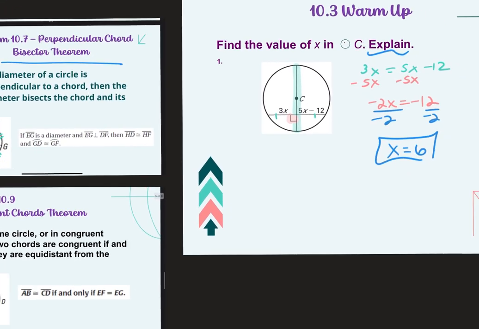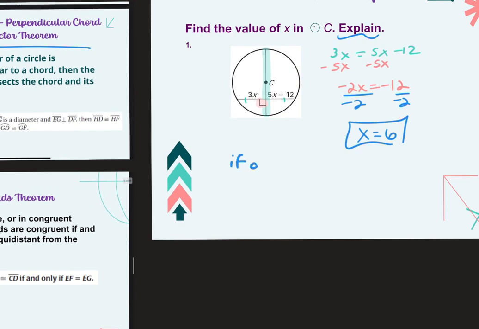Or you can say if the diameter is perpendicular to a chord, it bisects it. Okay, again, name the perpendicular chord bisector theorem, or you can describe it. Questions on that one?